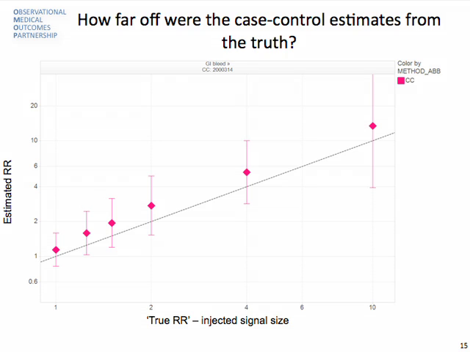So first, just one more representation of the same exact information, and one way you could think about it is to ask the question, well, how far off was case control? What I'm showing you here is on the x-axis, the true relative risk, what we injected into the simulation. And on the y-axis, the estimated relative risks that were observed across the suite of test cases that we examined.